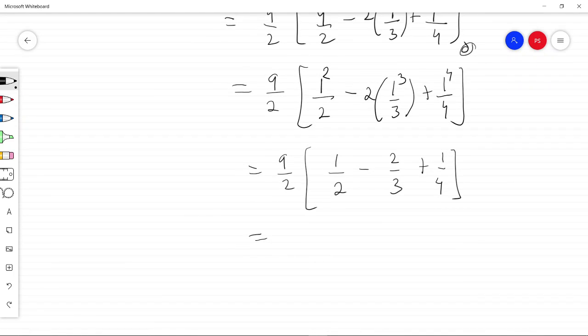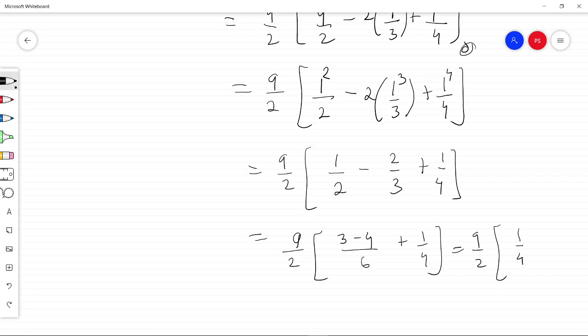Now this can be solved further. We see that this is 9 by 2 into, 3 minus 4 by 6 plus 1 by 4, that is 9 by 2, 1 by 4 minus 1 by 6.